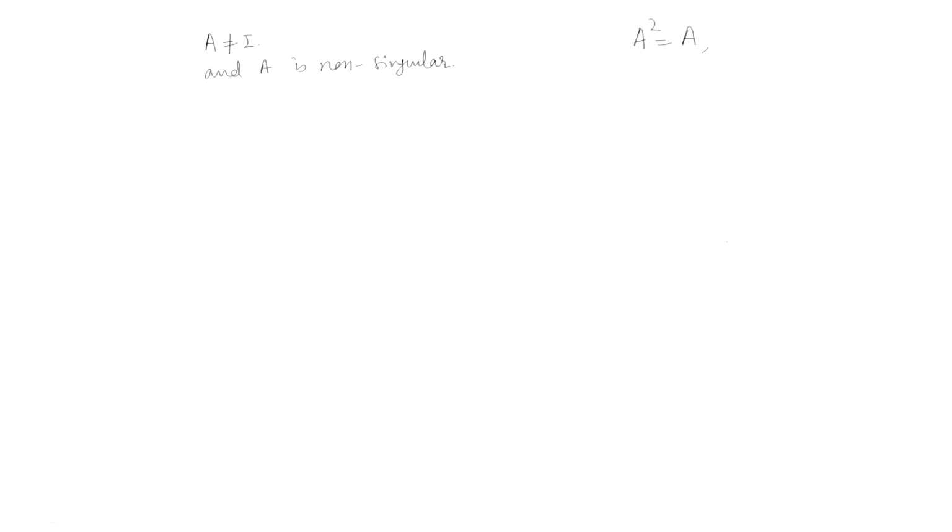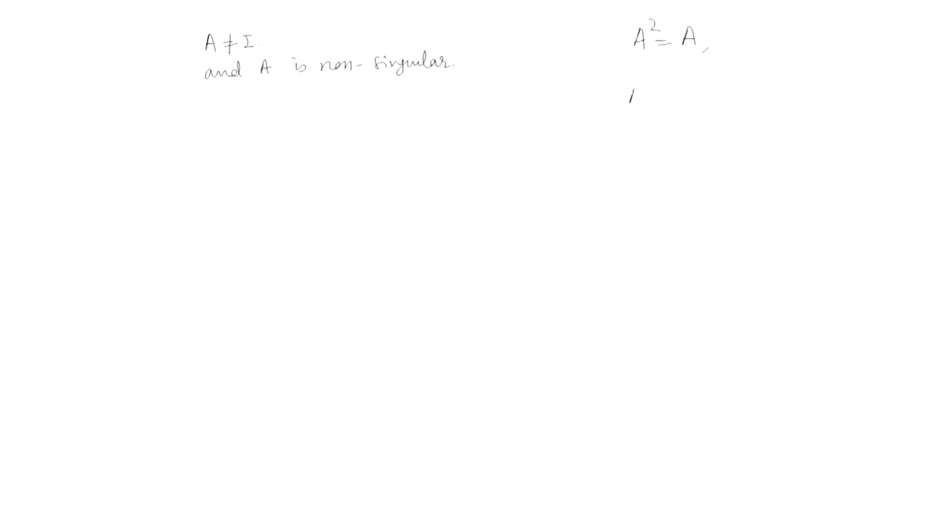Non-singular means the inverse exists, and if you apply A inverse on both sides, it is A squared into A inverse, which equals A into A inverse. It means A is equal to identity, which is a contradiction, because A is not equal to identity.